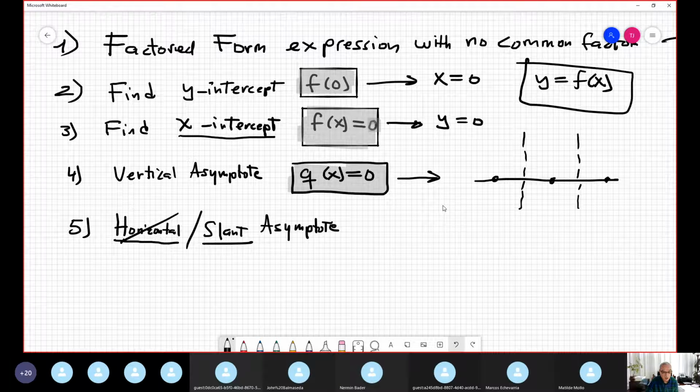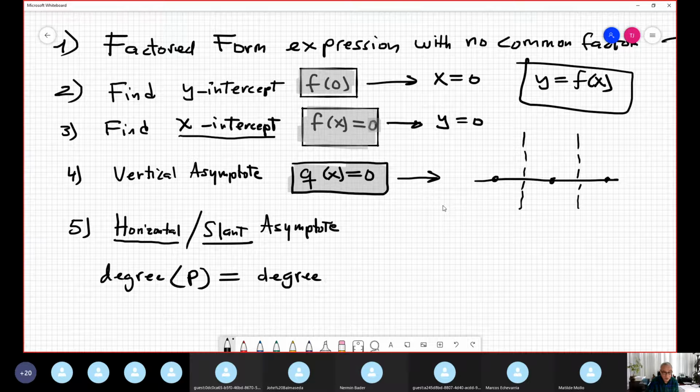Remember the condition: the analysis you should do is of the degree. If the degree of the numerator P is equal to the degree of the denominator Q, yes, we have a horizontal asymptote. At what value? The division of the two leading coefficients is the horizontal asymptote.